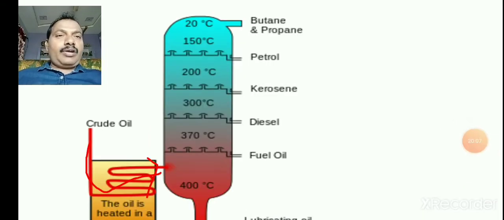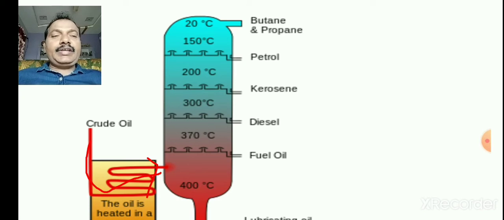You see, from the top at 20 degrees centigrade, the fluid available at the top is butane and propane, which are used as feedstocks to the petrochemical plant. Next, at 150 degrees centigrade, petrol is collected. At 200 degrees centigrade, kerosene is available. At 300 degrees centigrade, diesel is collected.